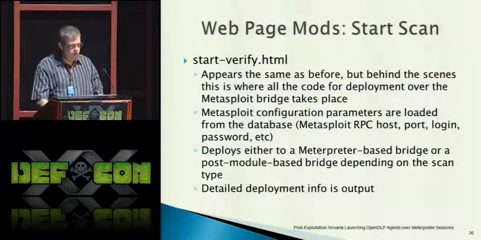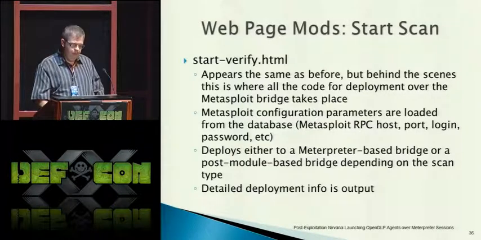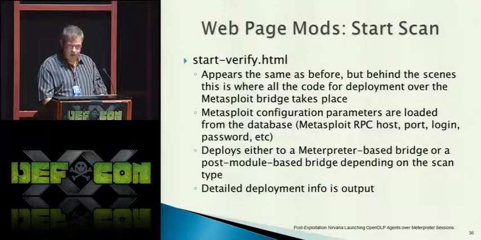And this brings me to the Start Verify page. This is the page that does all the work down inside. This is where the deployment happens, where directories are created, where files are copied, and the services are started. I just load the configuration parameters out of the profile and deploy to either Meterpreter or Post Module based bridge.